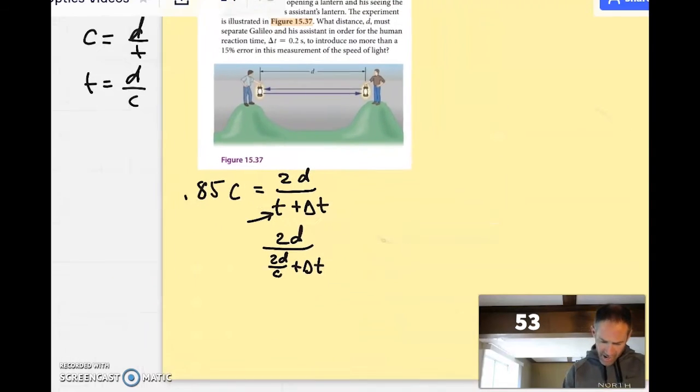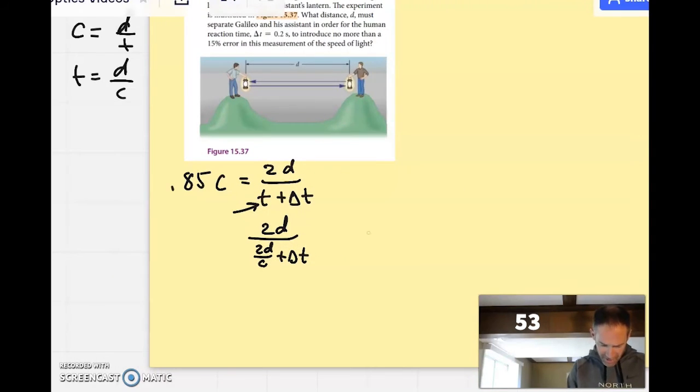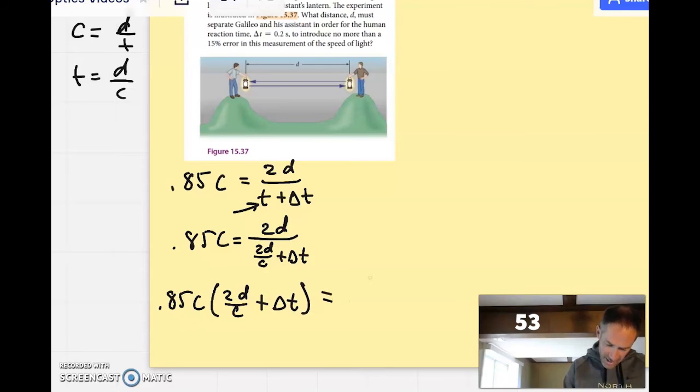Okay, and so now what I'm going to do is that's 85% of the speed of light again. I'm going to cross multiply this, and I'm going to make this 0.85c times 2d over c plus delta t, that's my 0.2, and that's equal to 2d.